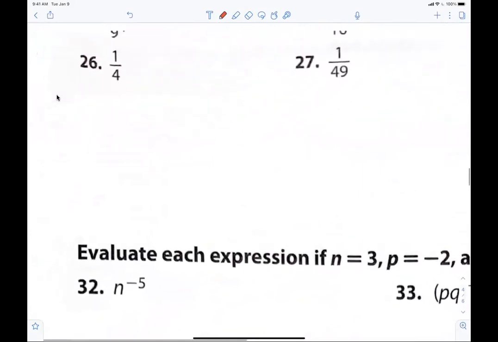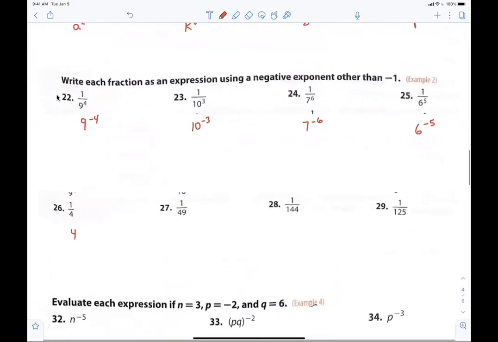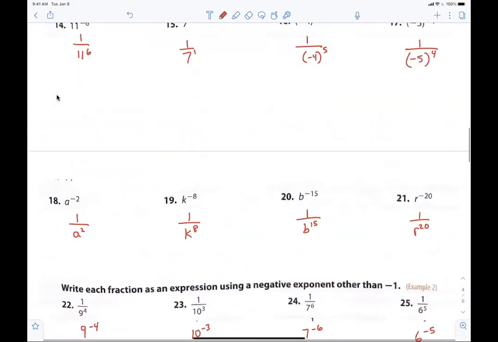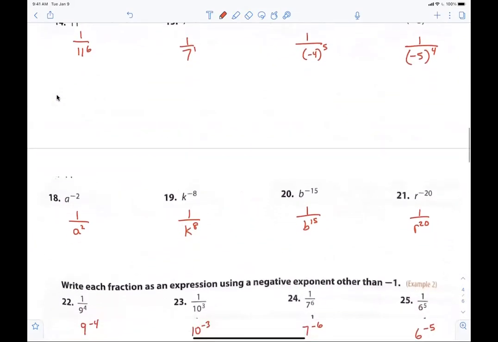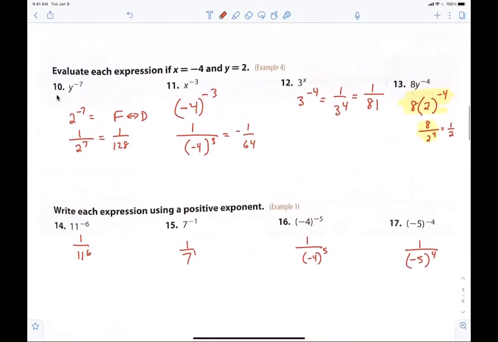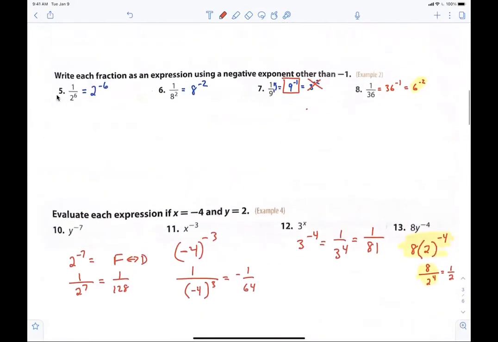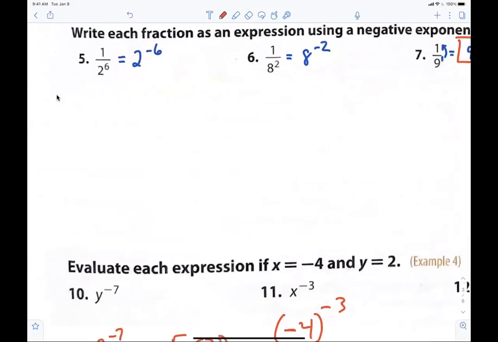So you can just write this as what? Tell me what 1/4 is. 1/4 is not negative 4. Yeah, so 4 to the what power? Come on. So go back to number 5.